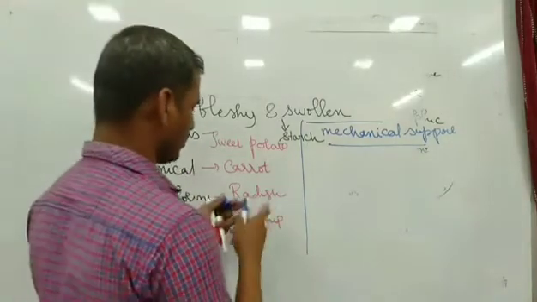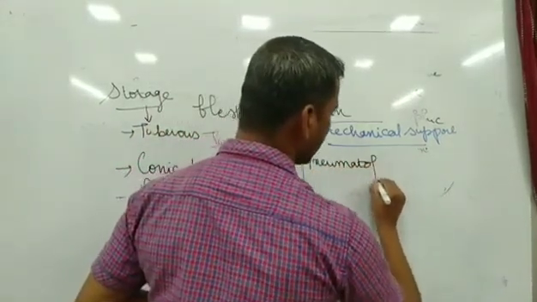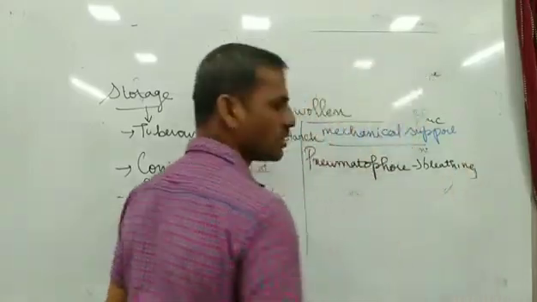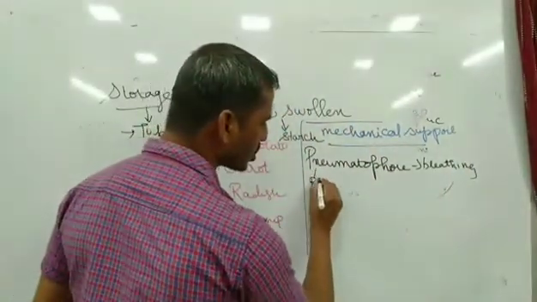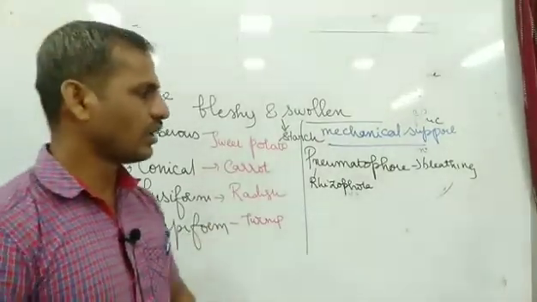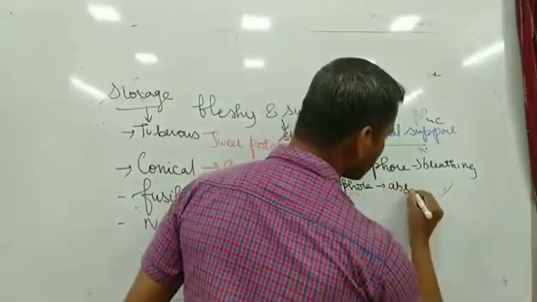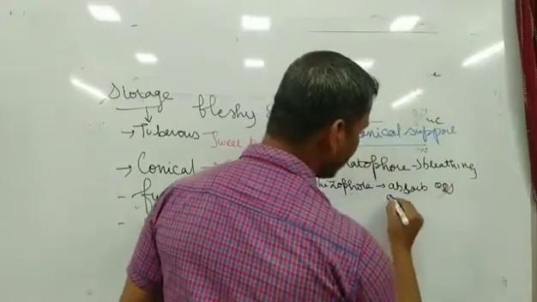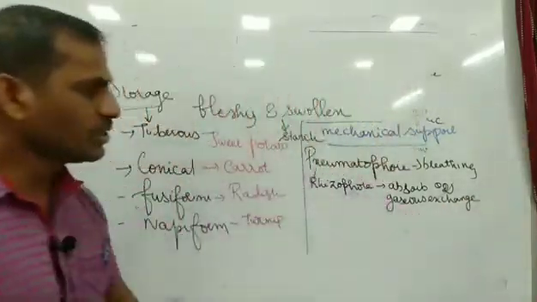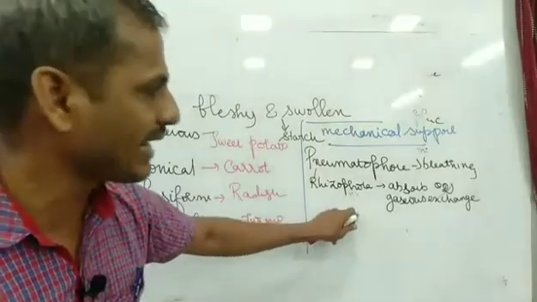Pneumatophore, which is also called breathing roots or respiratory roots, is present in Rhizophora. This kind of root is present in halophyte plants.